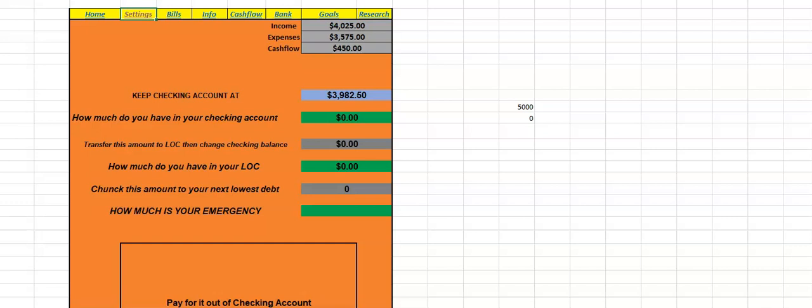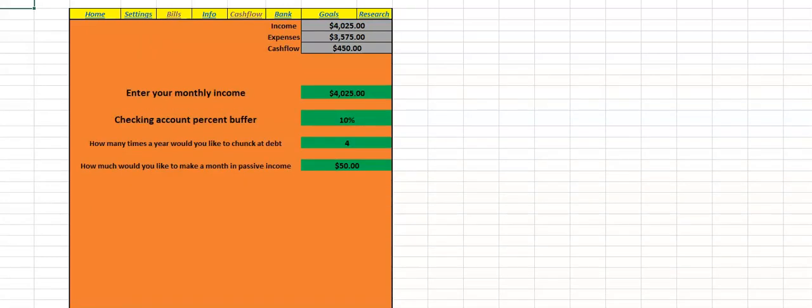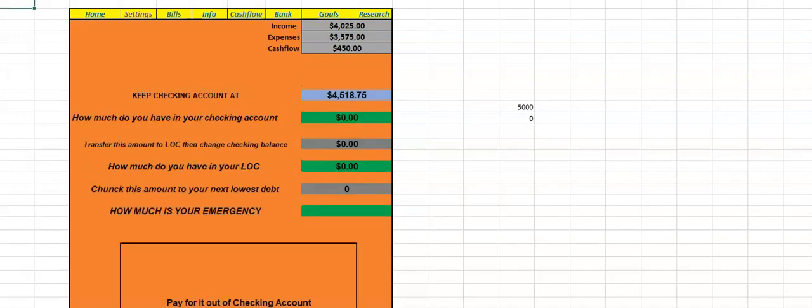If you wanted that to be a little bit higher, if you want to be a little bit safer or more conservative, I made this as a customization for the type of person you are. So that $3,982, if we change this to 25%, will then go to $4,518. Maybe as you get more money and start getting out of debt, you might want to increase it, but that's up to you.